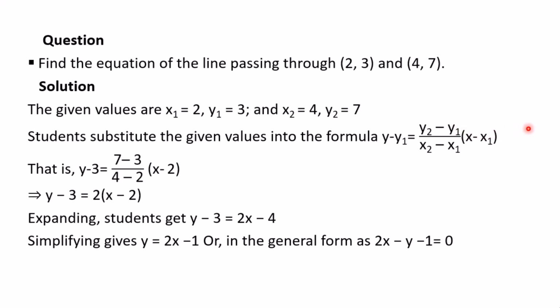We simplify and expand to get this expression. Then we simplify it to give y equal to 2x minus 1, or writing the general form, pushing everything to one side, the ax plus by plus c equal to 0 form. So this is what our solution should look like.